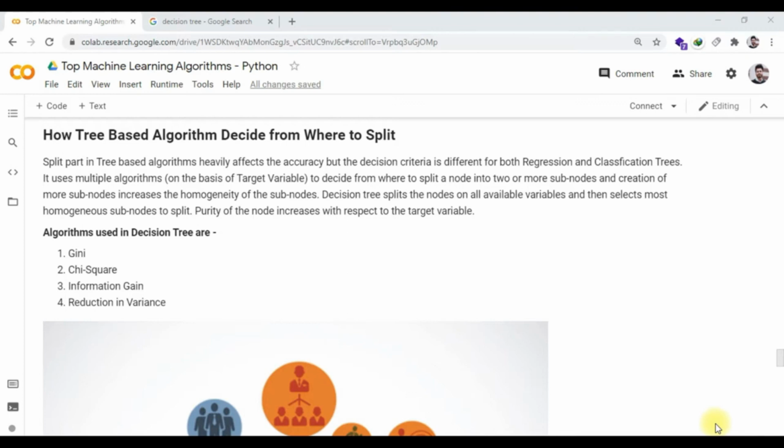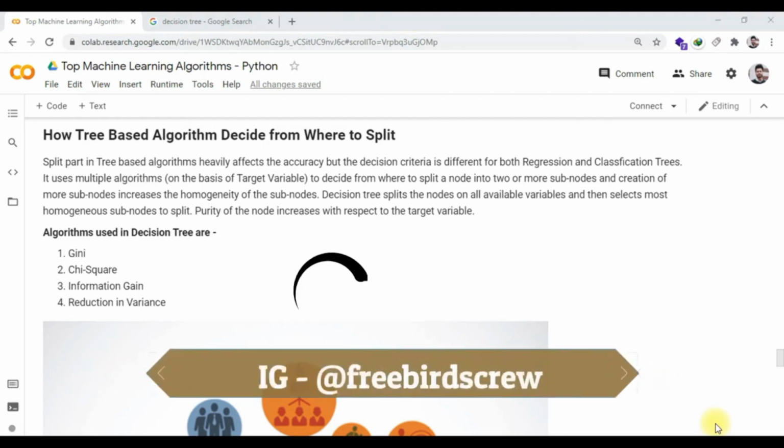These are the four algorithms used in decision trees to split: Gini, chi-square, information gain, and reduction in variance. These algorithms have mathematical explanations behind them, which they use to split the data. If you want to know more, you can contact me on my Instagram account or comment down below.